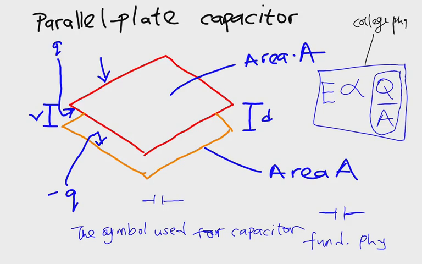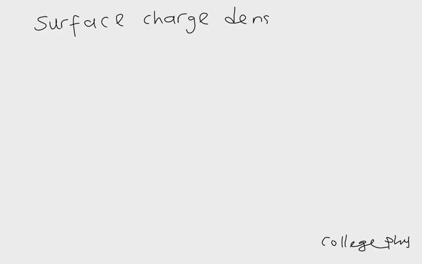So you may refer to this as electric charge density, and it is denoted by sigma. Sigma is equal to Q over A. It is the charge per unit area across the surface of the plate.